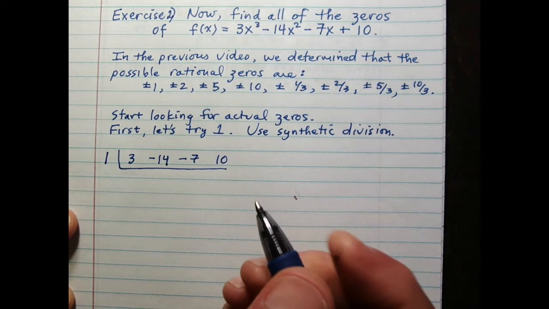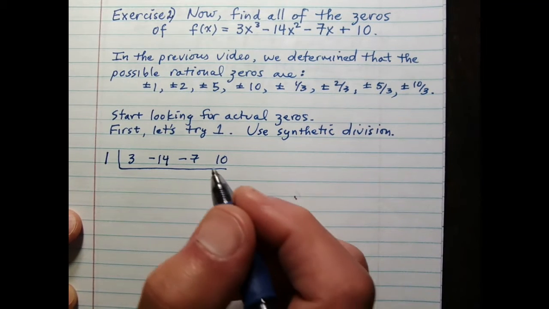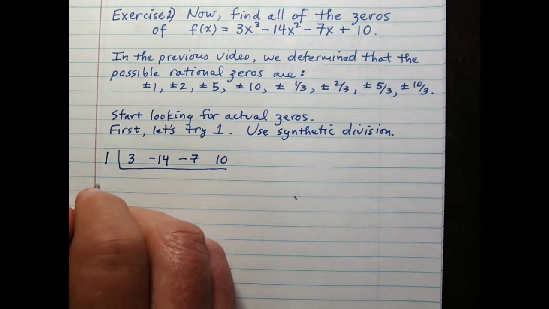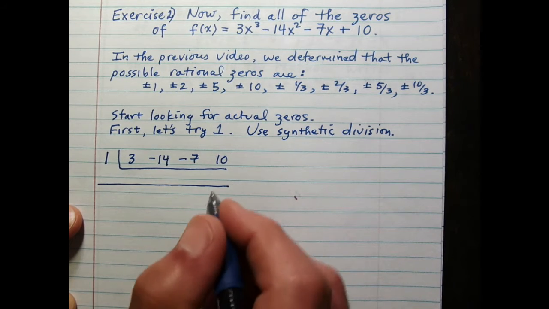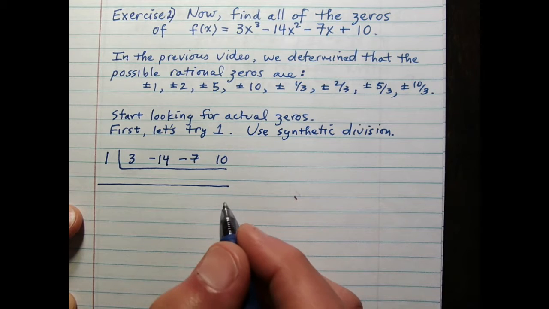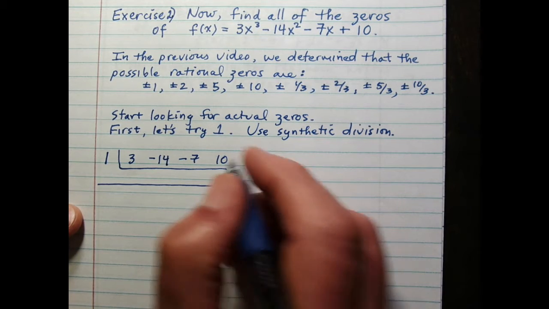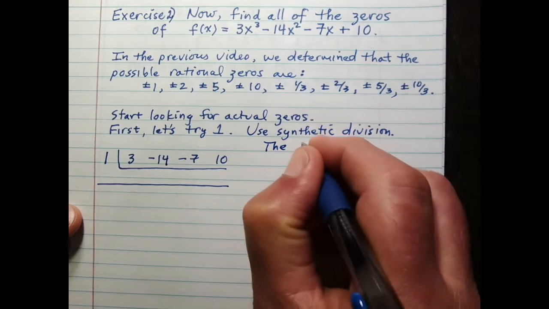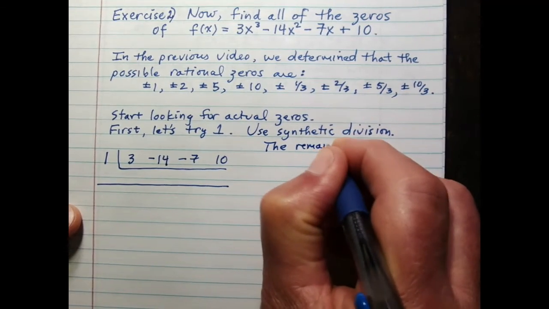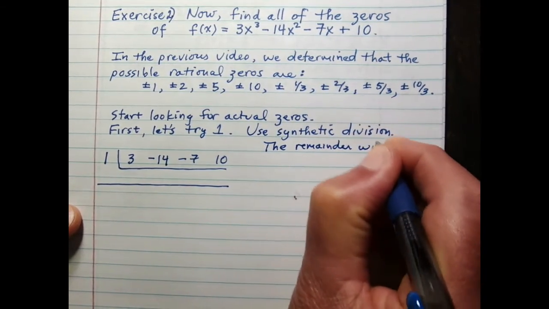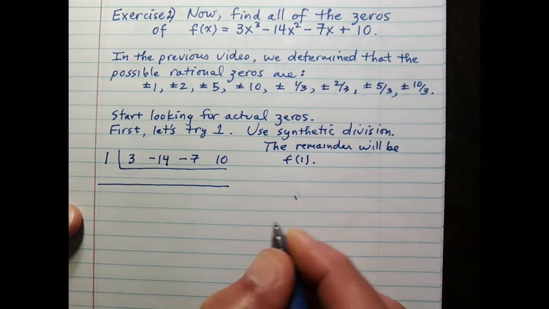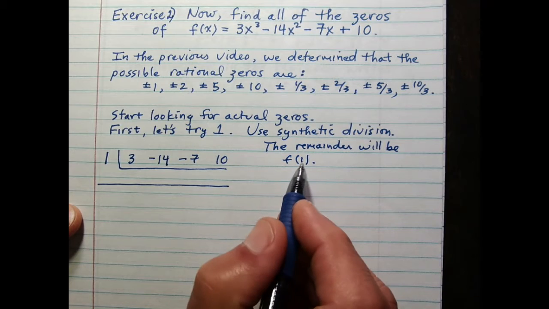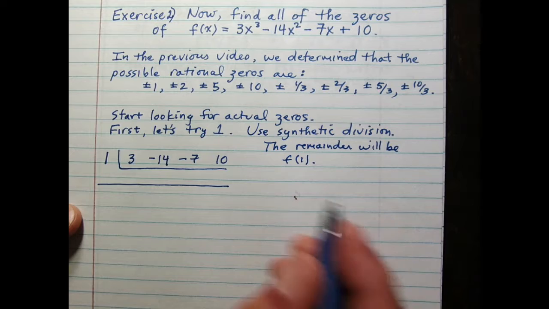It's like we're dividing by x minus 1, because the remainder will be f of 1. And we're trying to find out, is f of 1 zero or not? If it is, 1 is a zero. If it's not, we didn't find it.